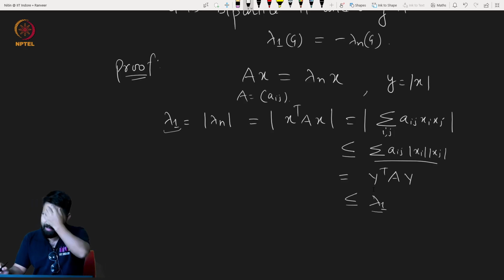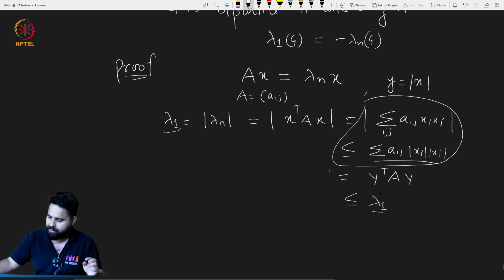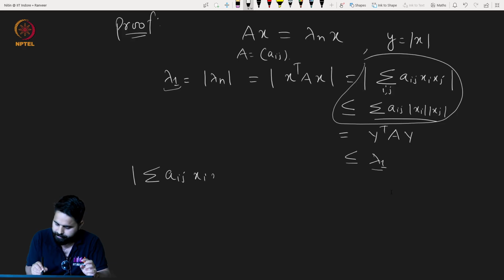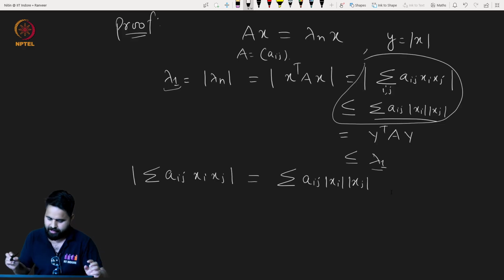That means everywhere there is equality, so these two are the same. Let me write it separately. That means the mod of the summation of a_ij x_i x_j is indeed equal to the summation of a_ij mod x_i mod x_j.